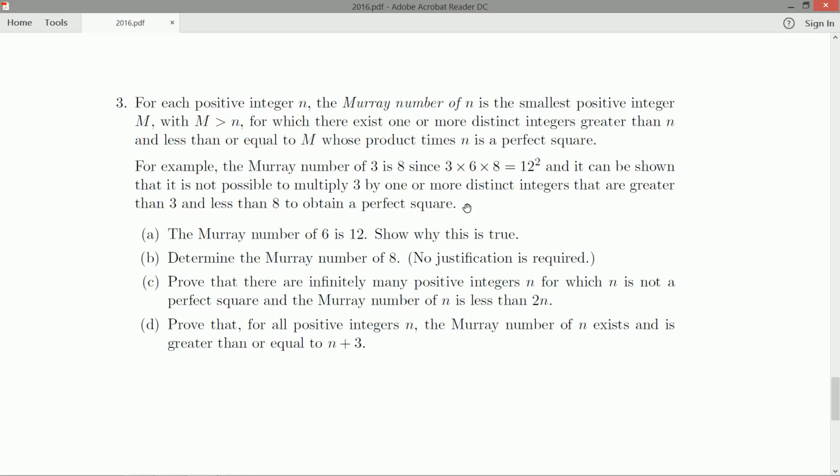This is a very weirdly worded question. So, one or more distinct integers. Less than or equal to m. So, I think what it is, I take a number like 3 and ask for some distinct integers that are greater than 3, whose product with 3 gives me a square, and then the biggest of those numbers becomes the Murray number.